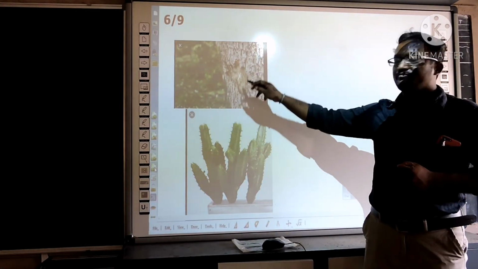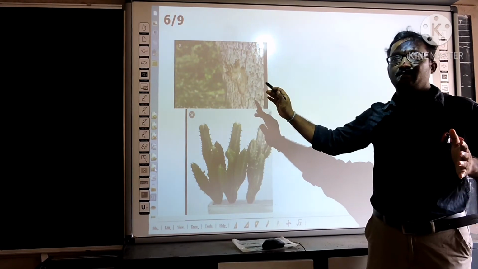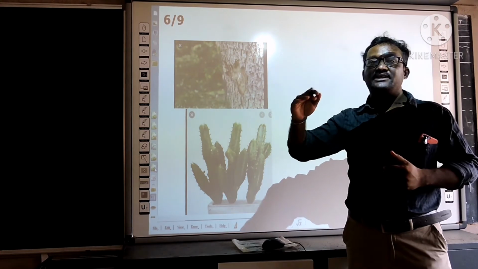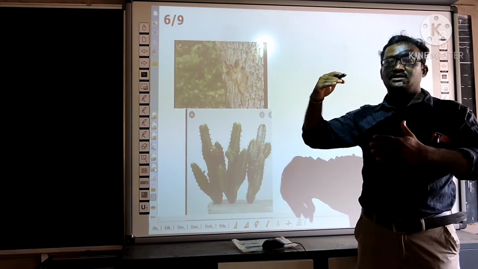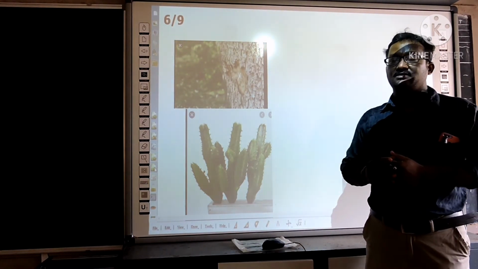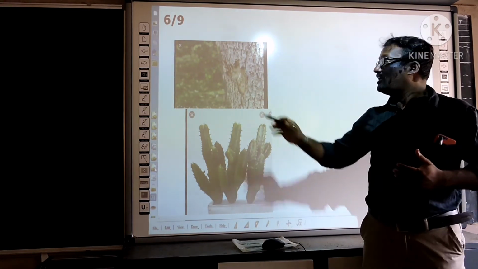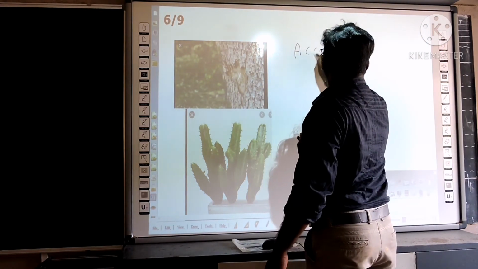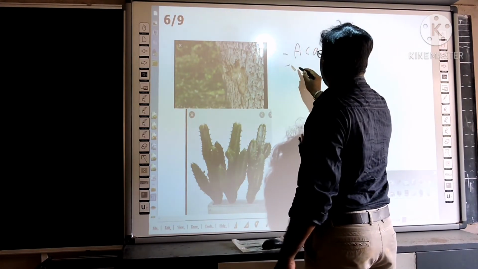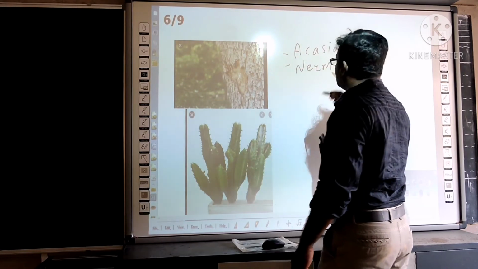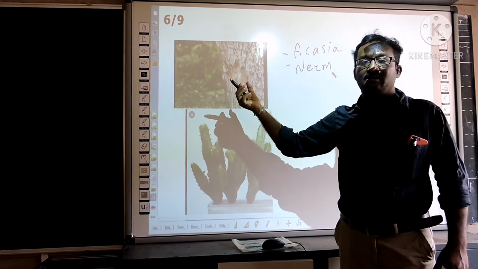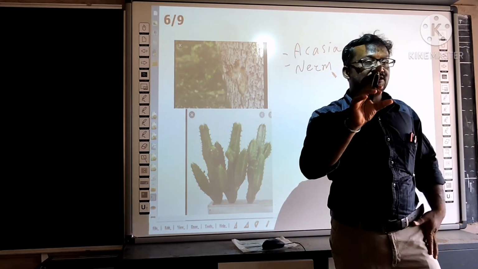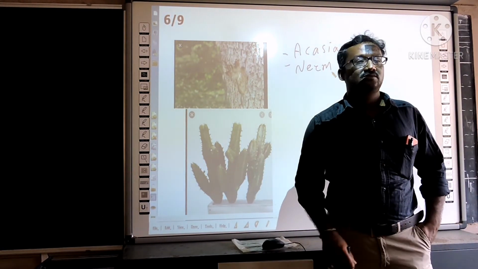See, bark. Large trees have bark. Bark is also formed by dermal tissue only. Above the epidermis, many layers are formed. They become thicker and form the bark. You know, in the acacia plant and the neem plant, when you scratch this bark, what will come out?